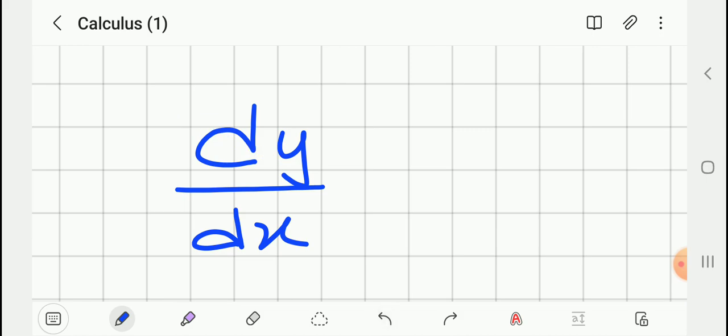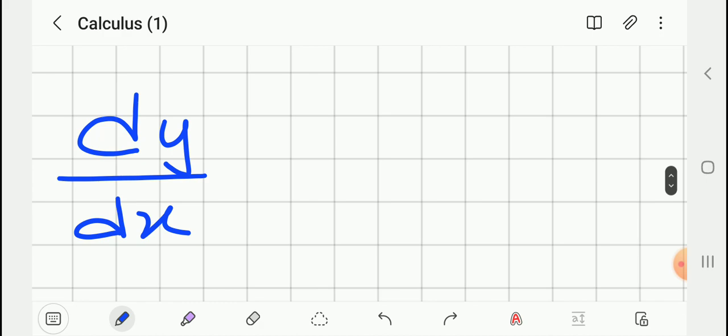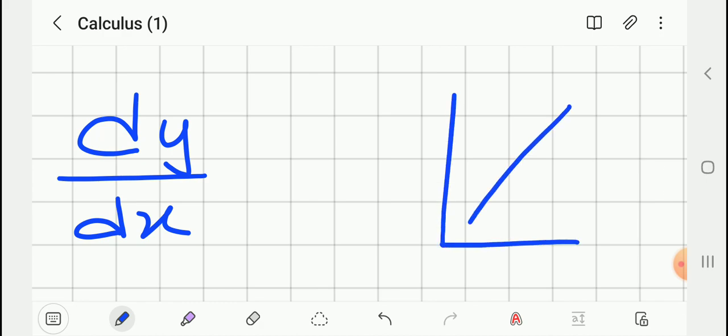I'll explain. Suppose we have a graph over here, and here's a straight line with a small change. This small change we'll say like dx or dy.